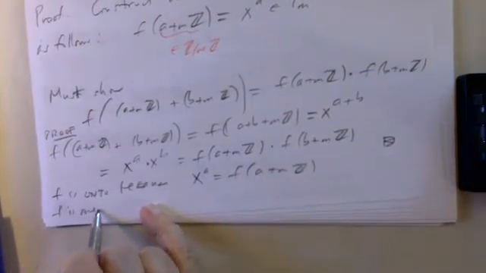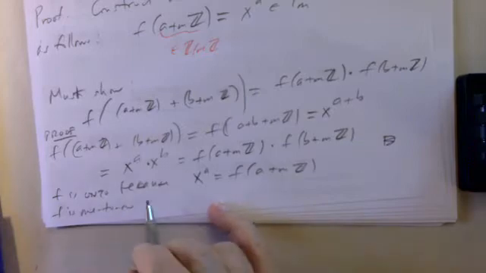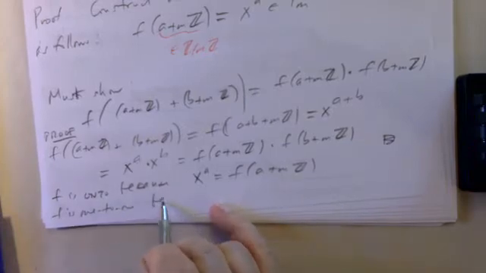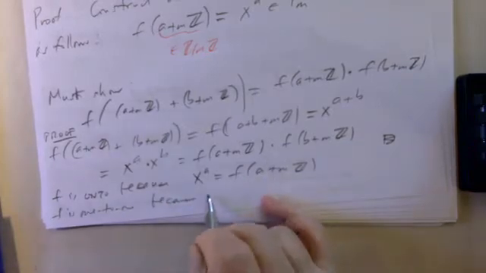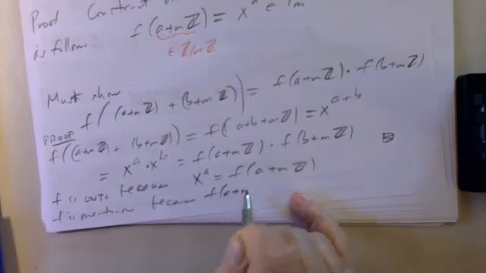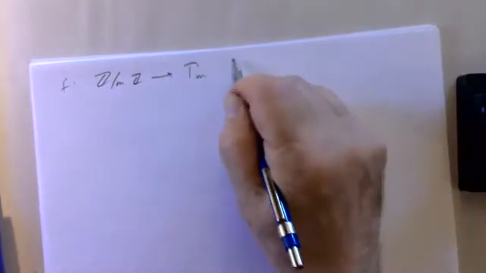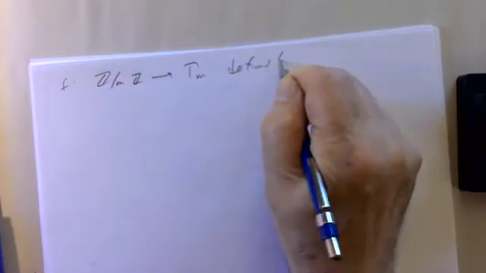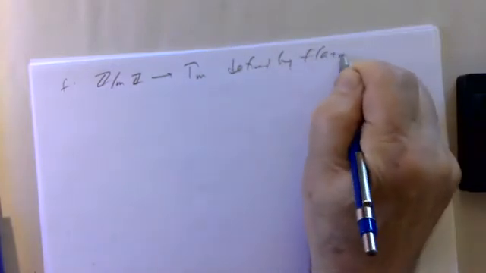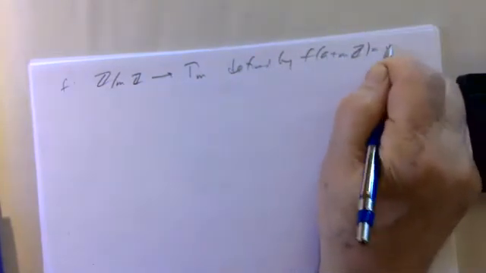And f is 1 to 1 because, remember we have f from Z mod mZ to the cyclic group defined by f of a plus mZ equals x to the a.